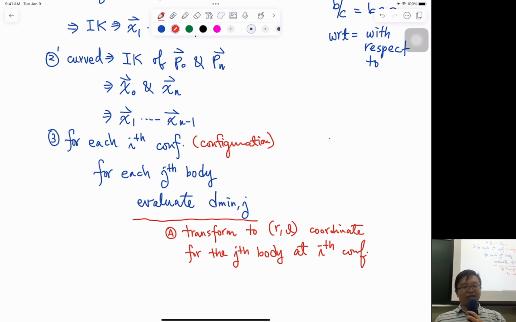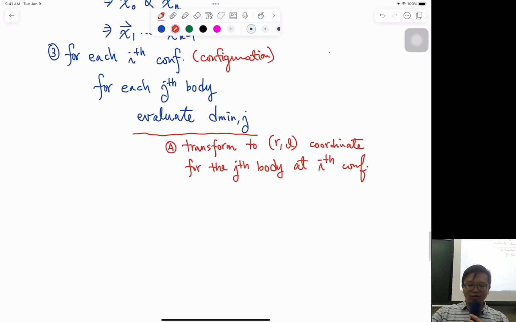Yeah, as you can tell, it's a lot of them, right? Then in the RL coordinate, you need to figure out what is the RL of your obstacle Q.